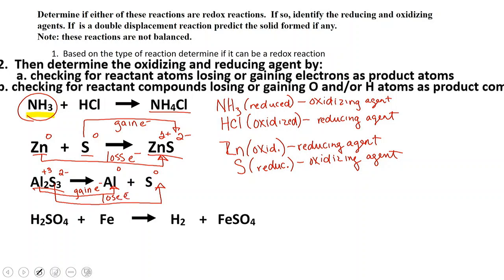So what happens? The aluminum in aluminum sulfide gains electrons, so it is reduced, and it is the oxidizing agent.